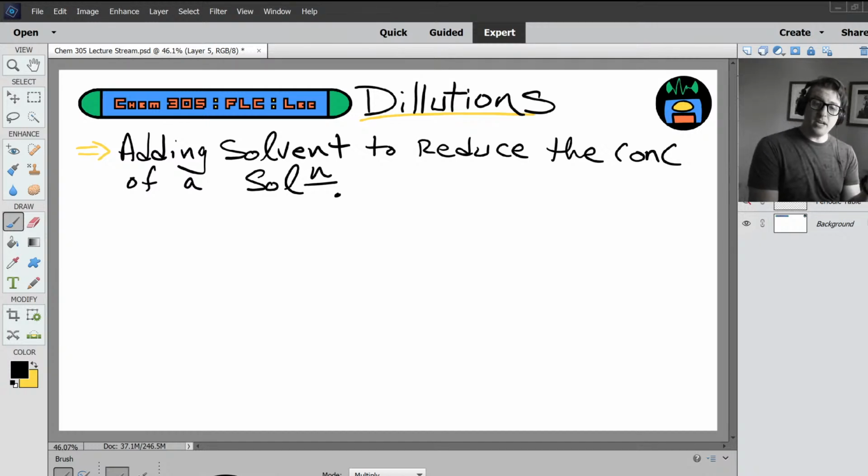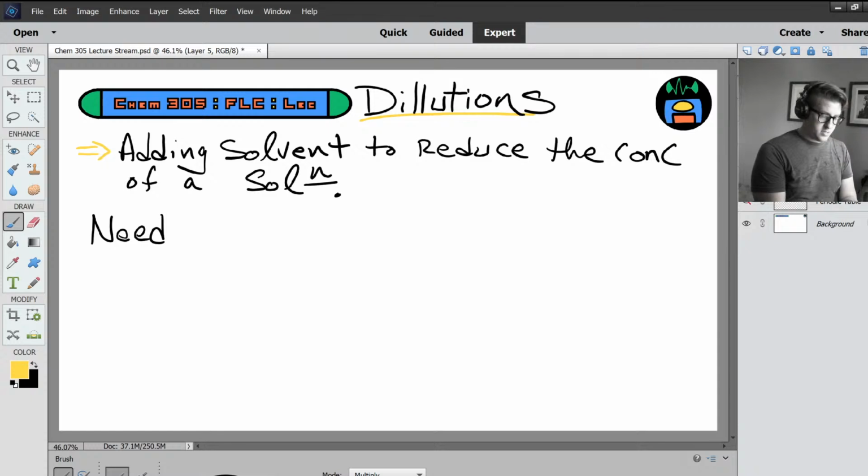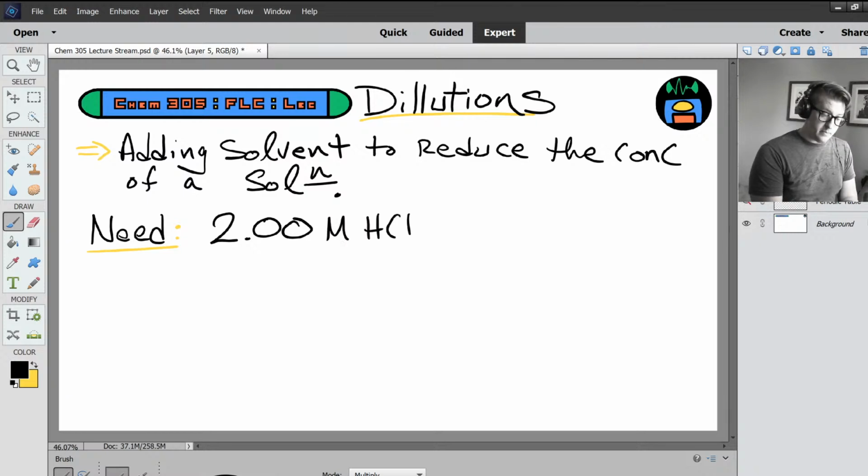In an experiment where, let's say, students are going to be doing a lab where they need 2.00 molar HCl.